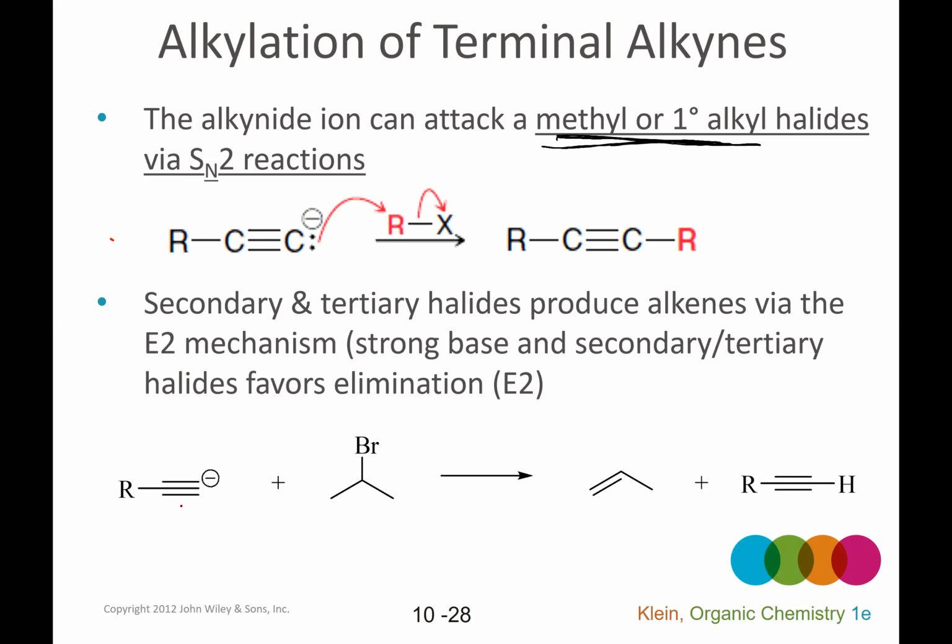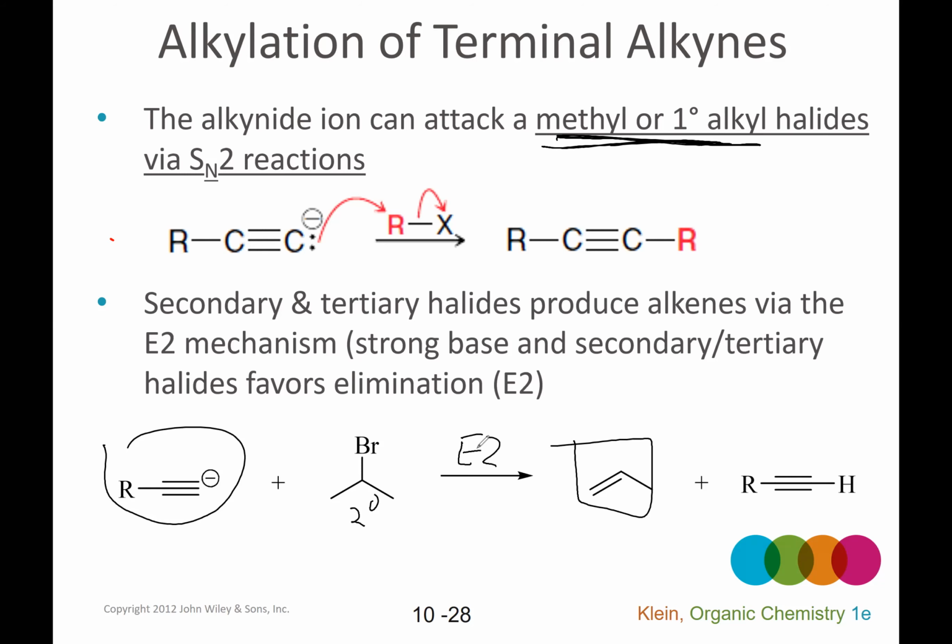So if you try to generate an alkynide ion, and you react it with a secondary halide, for example, you get E2 elimination. You get the alkene and not the substitution product. So because of that, this is a great way to extend the chain, but the limitation is the halide you use has to be methyl or primary, okay?